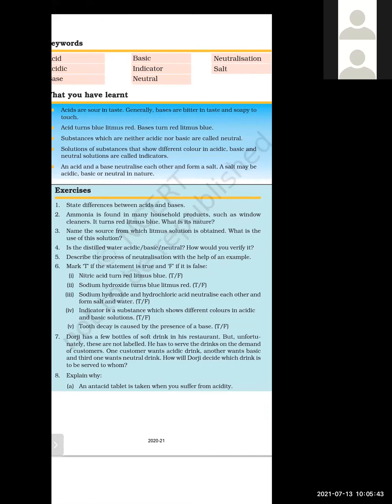Indicators, as the name suggests, are used to test whether a given solution is acidic, basic or neutral. An acid and a base neutralize each other and form a salt. A salt may be acidic, basic or neutral in nature.